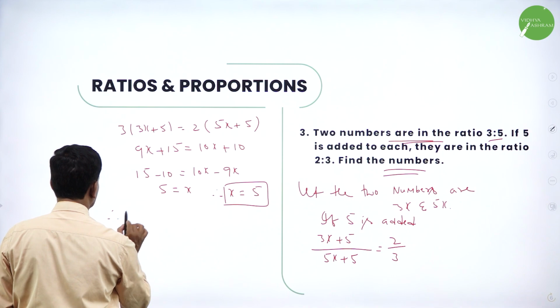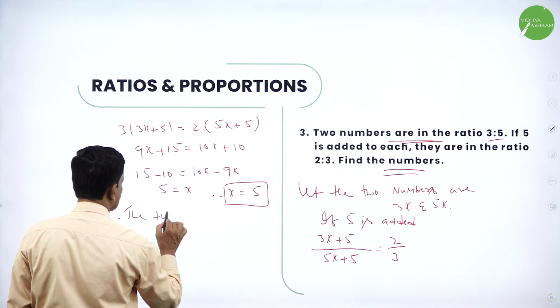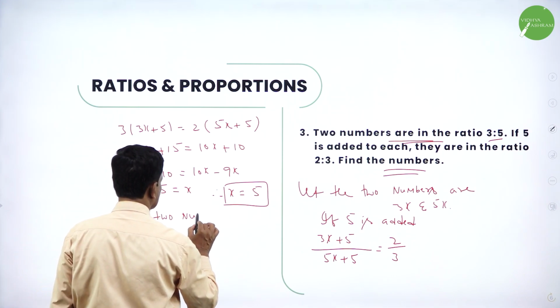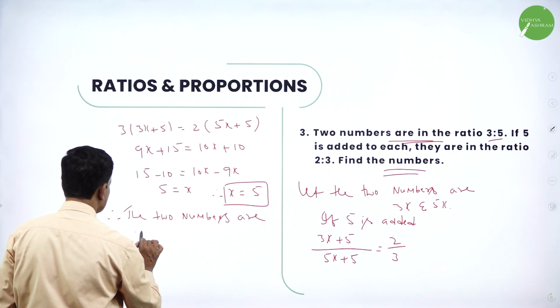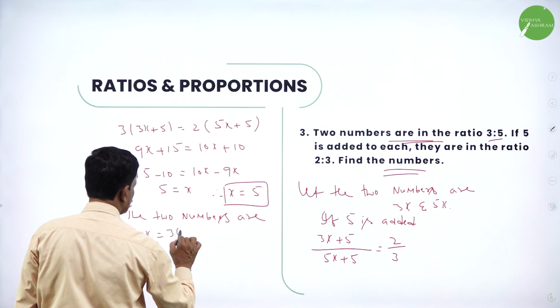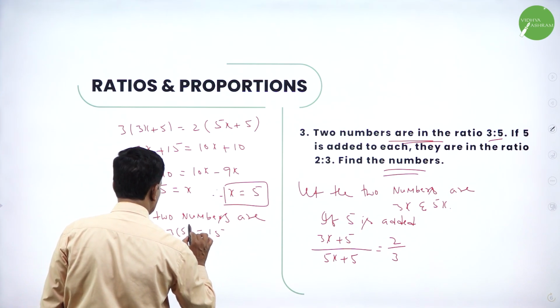Substitute here. Therefore the two numbers are 3x, that means 3 into 5, that's equal to 15.